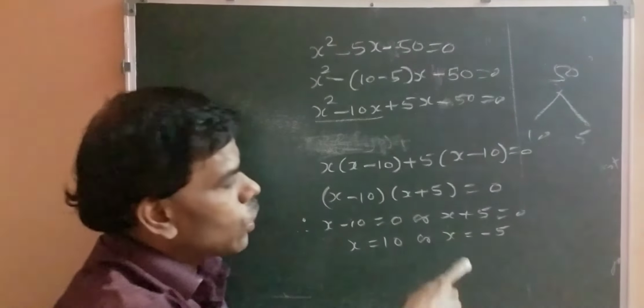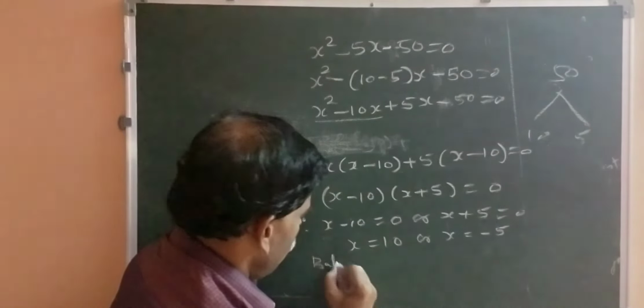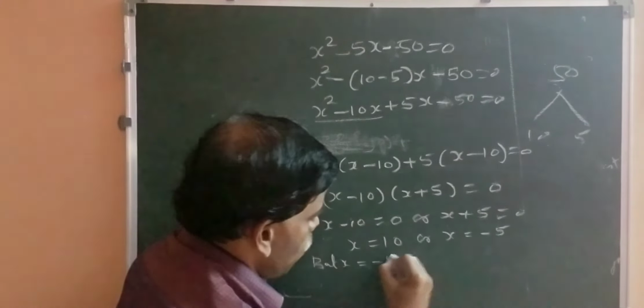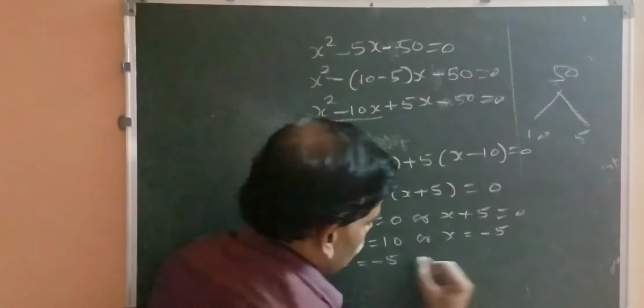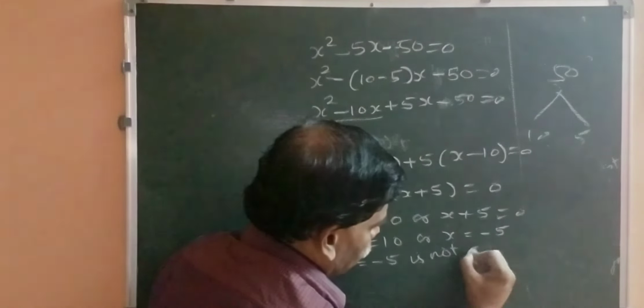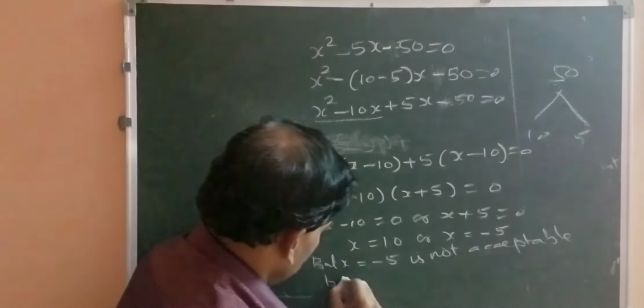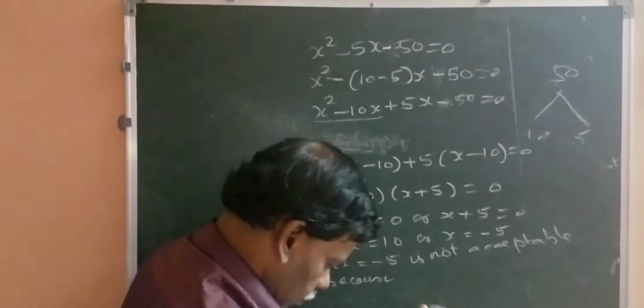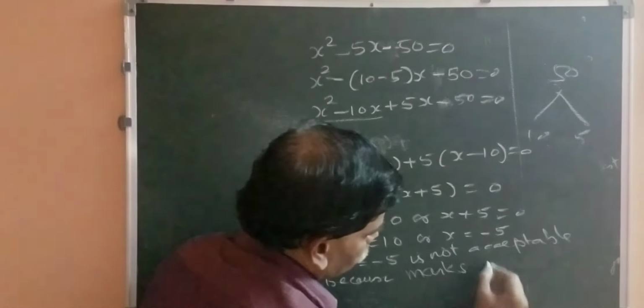But can anybody score minus marks in any test? No. So x equal to minus 5 is not acceptable, because marks cannot be negative.